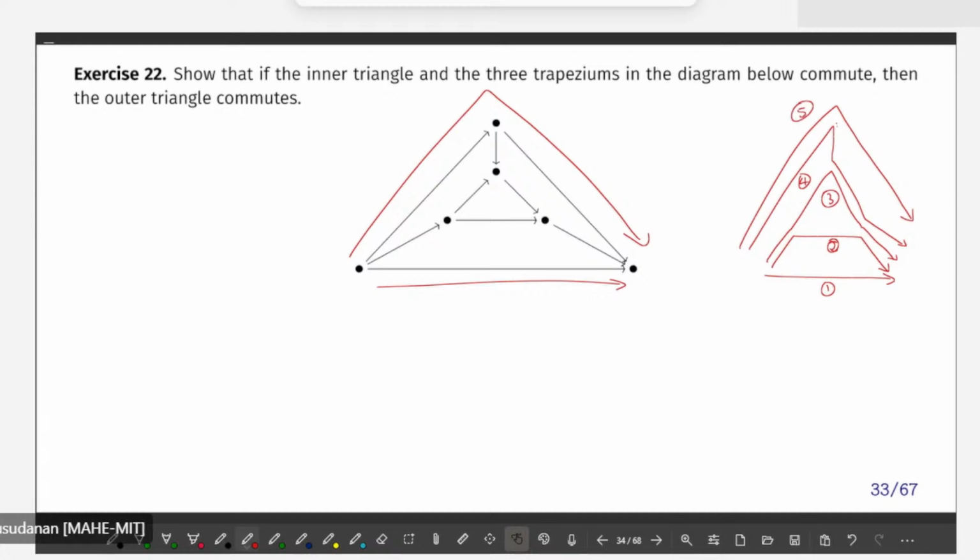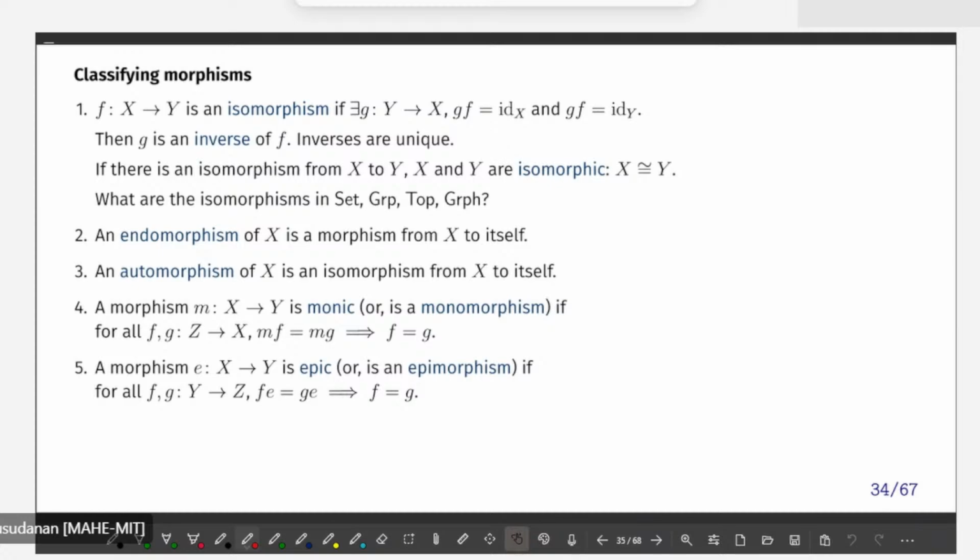That's one way to do it. So let me move ahead. You can practice more of these. We'll actually do more interesting versions of these using some properties. So it's not just always associativity. There are other properties that you may be able to use.